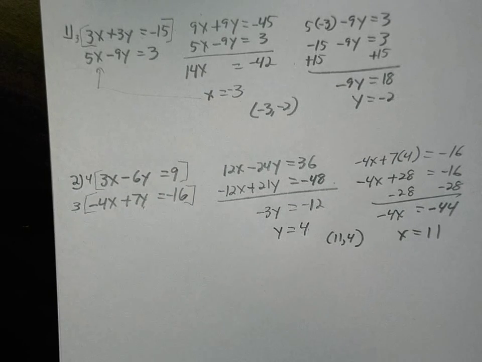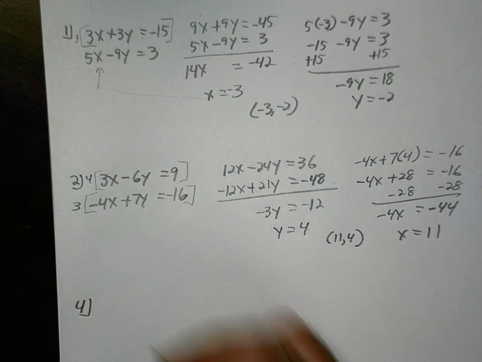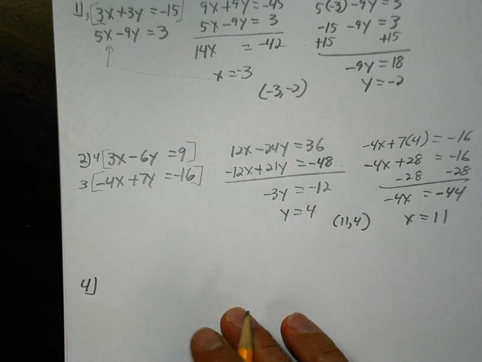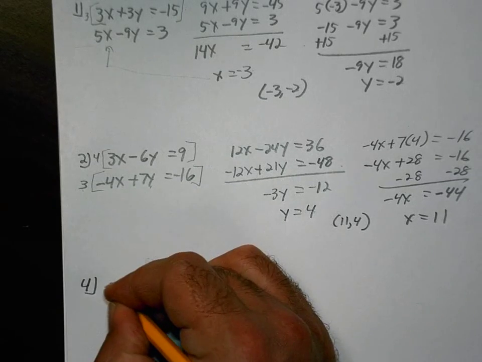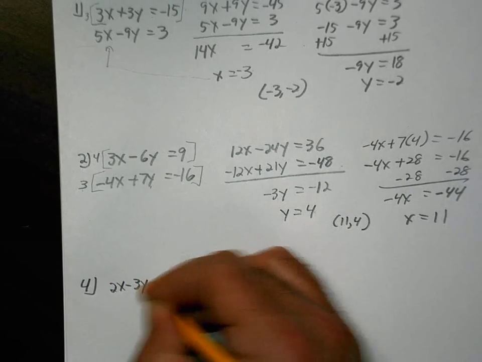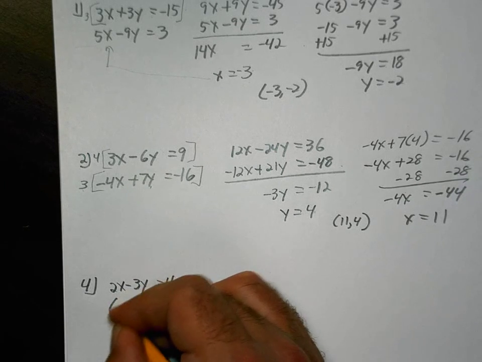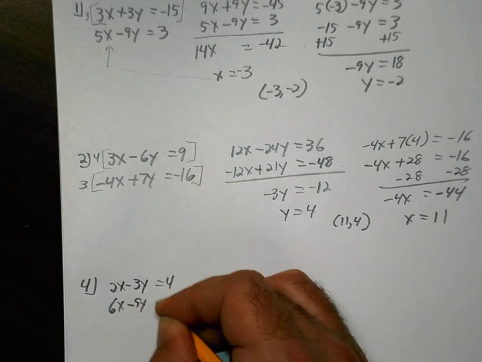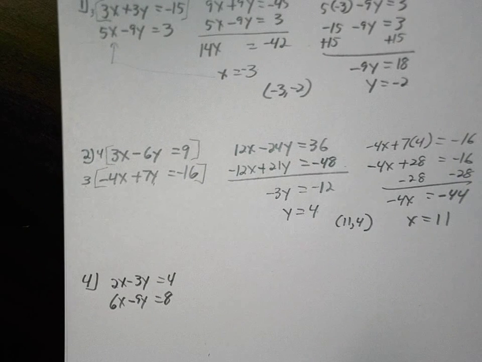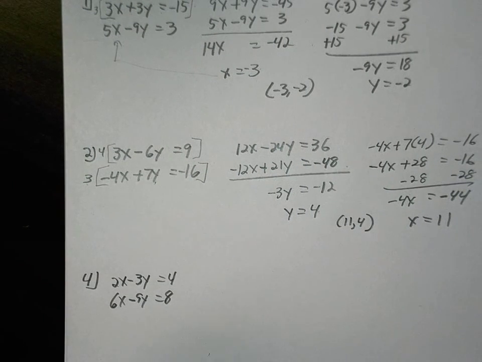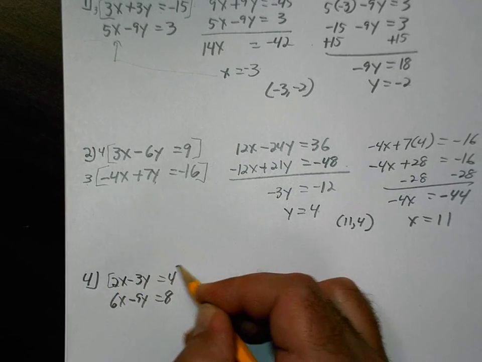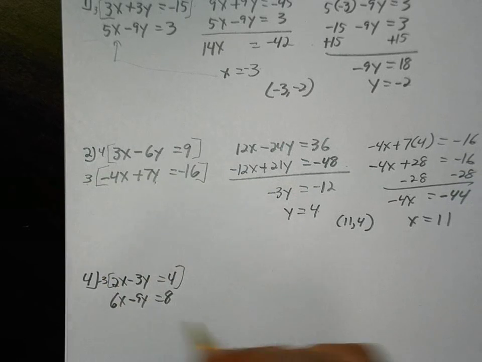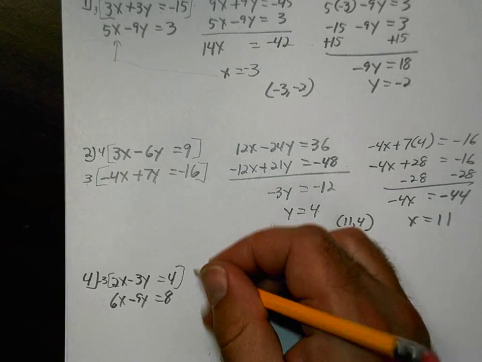Now you could end up with some special cases here. Let's try one more. Start with that. So looking at that, if I want to have an opposite, I might say, okay, I need to multiply this top equation by -3, because that's going to give me a -6x there.